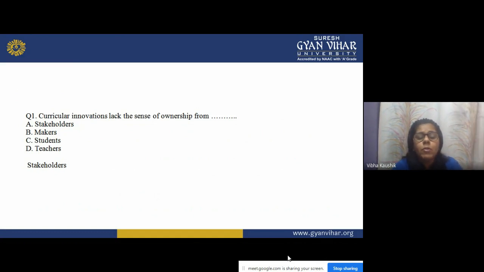So curriculum innovations lack the sense of ownership from stakeholders, and stakeholders include teachers, students, curriculum makers, different schools, colleges, administration, management people, all those who are related with the teaching process.